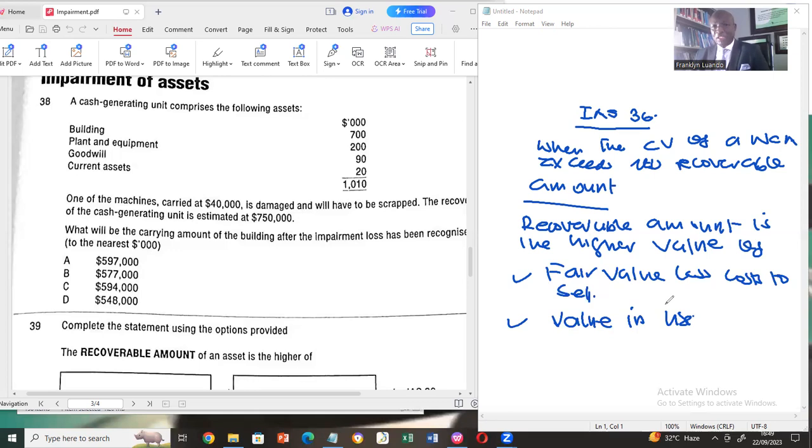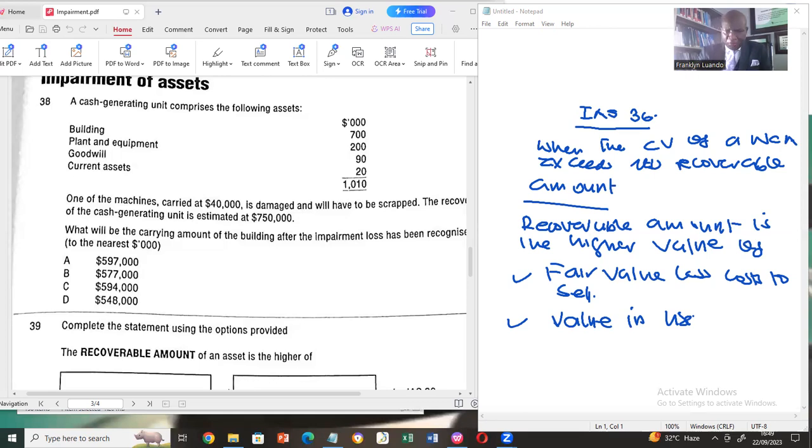Now, I want you to understand the meaning of value in use. The value in use is the present value of the expected cash inflows from the use of the asset, including the disposal value. That is the value in use. Whichever is the higher, that will be the recoverable amount.